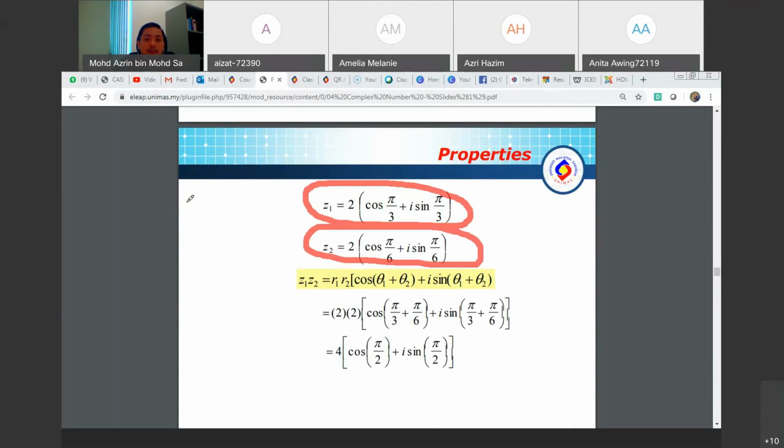Where actually in the complex number, it is equal like this, right?